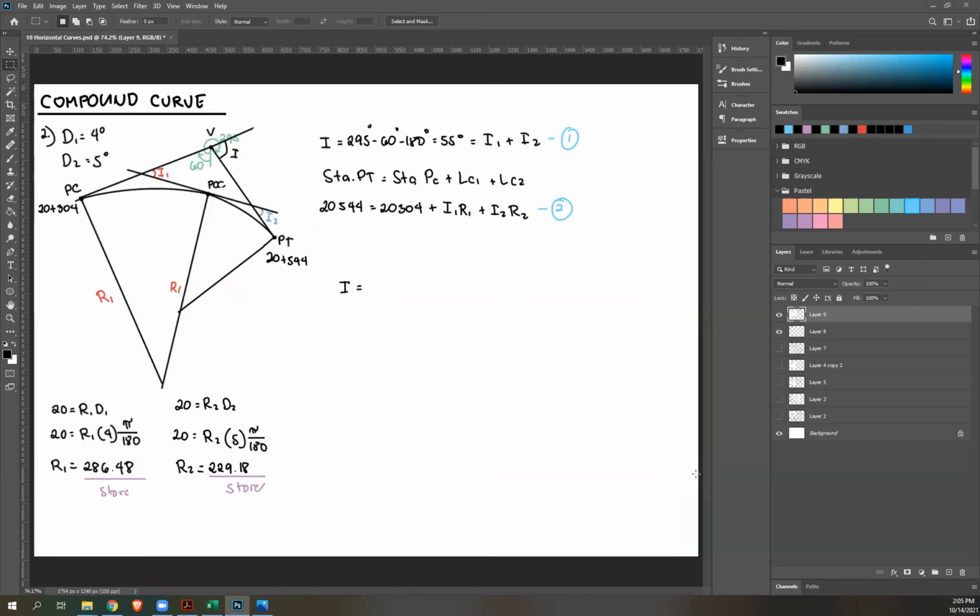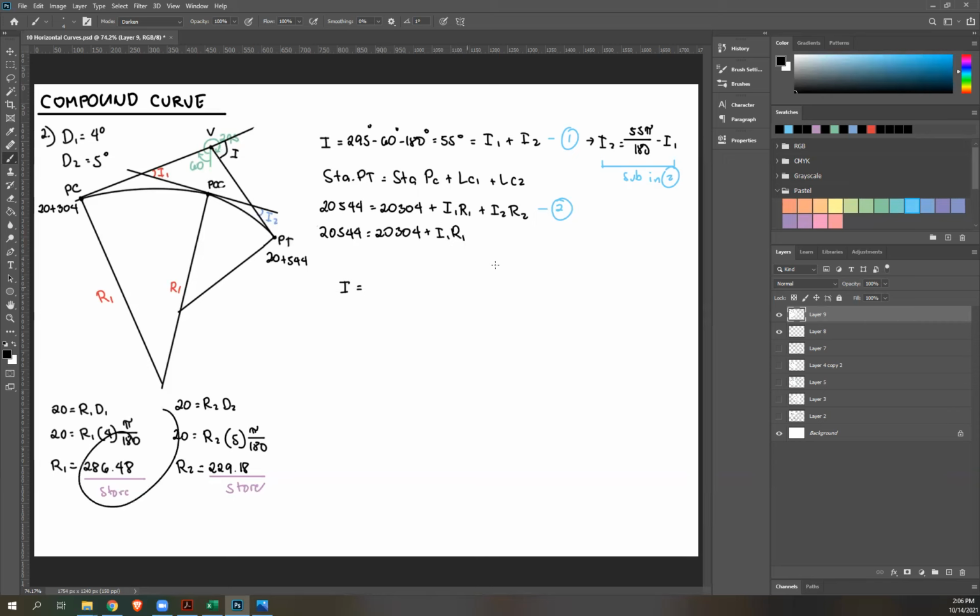So another way you can solve for this, instead of using your calculator, is by manually solving for it. So we can use this equation. You'll get I2 equals 55 times pi over 180, because again, that's in degrees. I want it in radians. Minus I1. And then you can sub this in 2. Okay? Which will give you 20,544 equals 20,304 plus I1 R1.